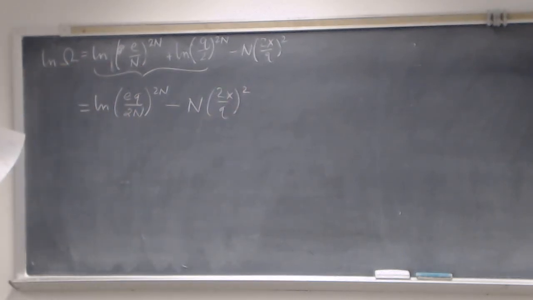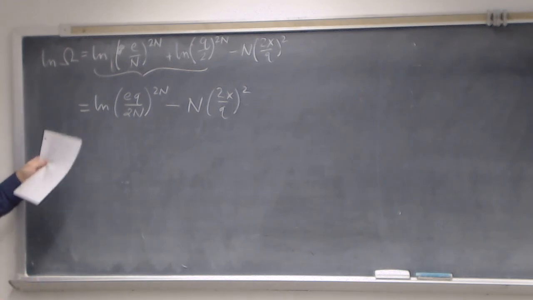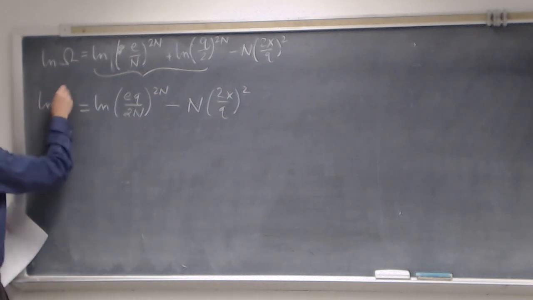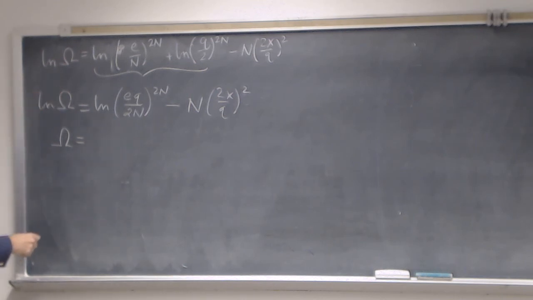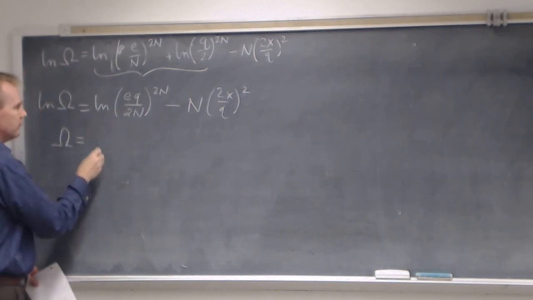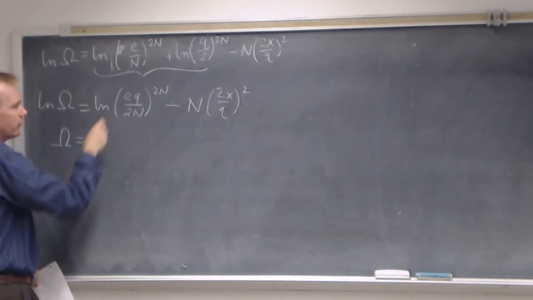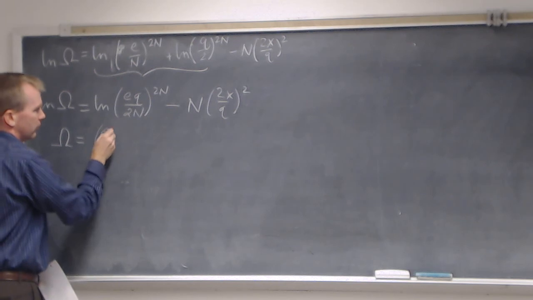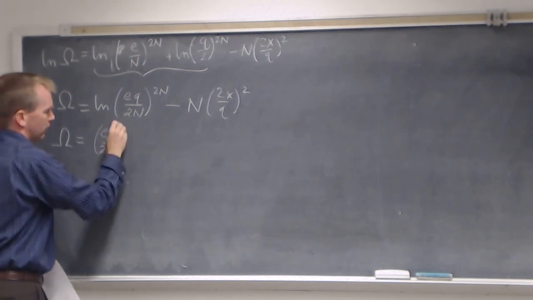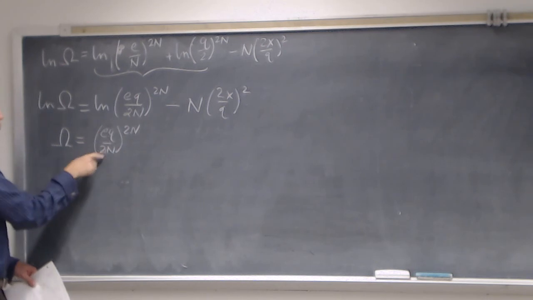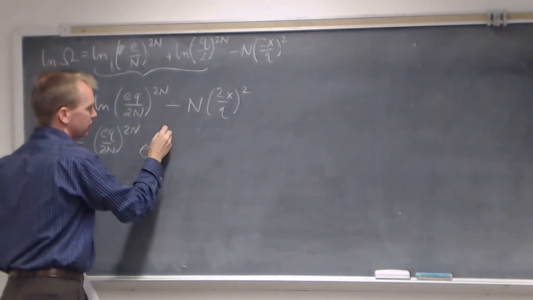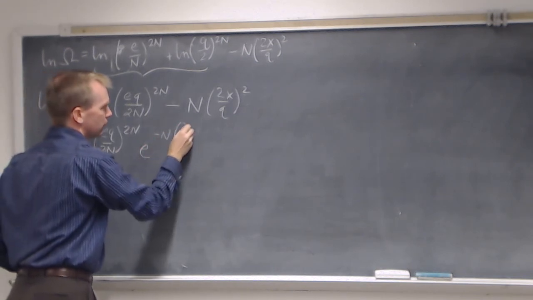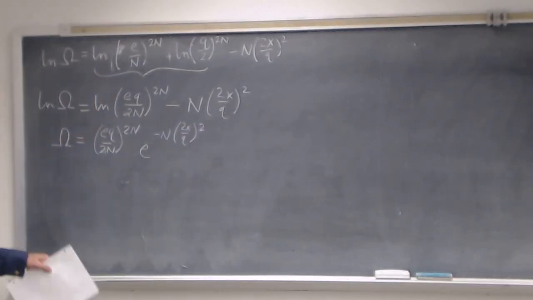Okay. Yeah, all right, that's good. I exponentiate. Take e raised to both sides. In my first term here, I'm going to get e to the natural log of this, which is just, well, this. (eq over 2n) raised to the 2nth power times e to this second term there.